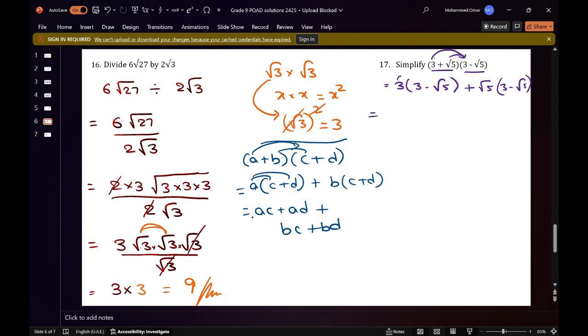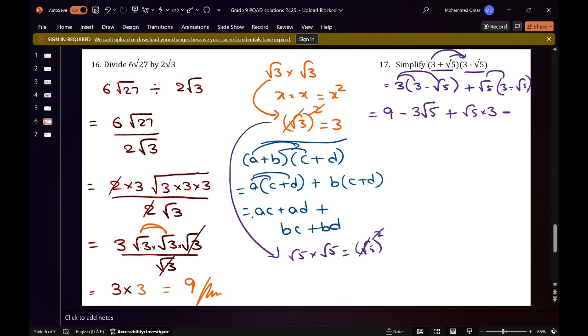Now can you distribute? 3 threes are 9, and in between you have minus 3 root 5, 3 into root 5, plus root 5 into 3, plus of minus root 5 into root 5. Same concept: root 5 into root 5 is root 5 whole square. Square root will get cancelled and 5 is the answer. So can I write directly 5?